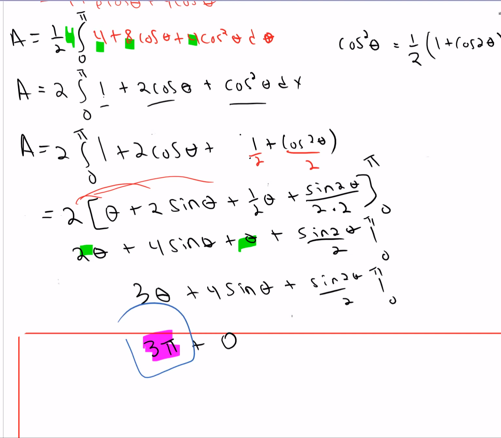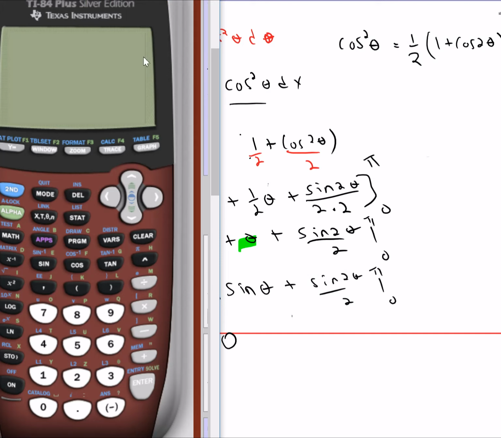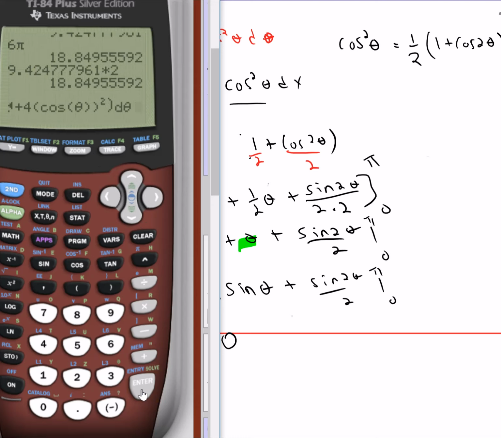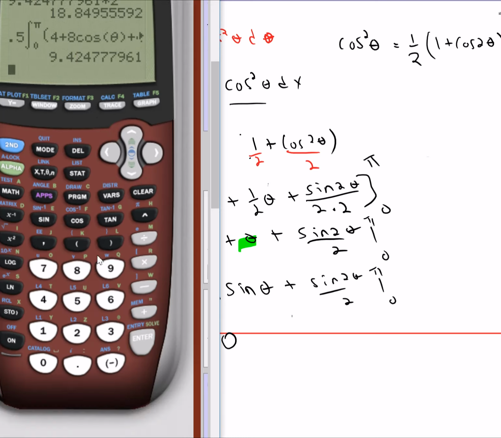We can check real quick by plugging into our calculator. I think I tried this already somewhere. If we integrate that function, we get, right, so I have it here, 9.4, which is the same as 3 pi, right?